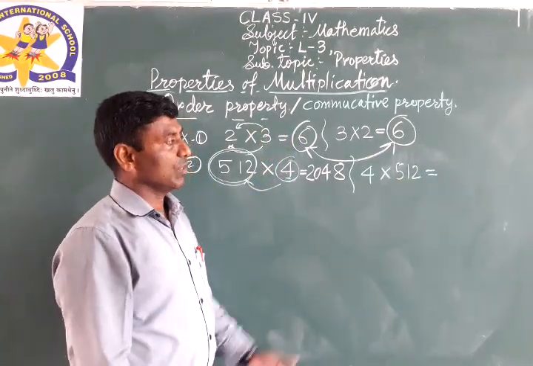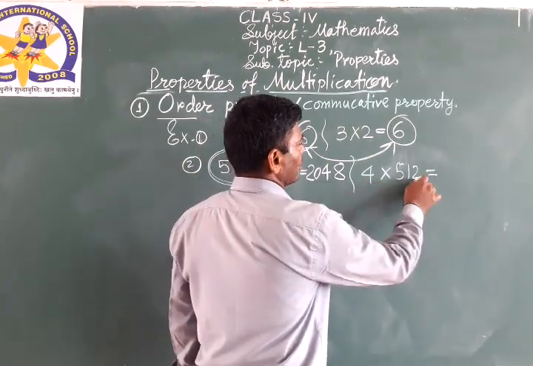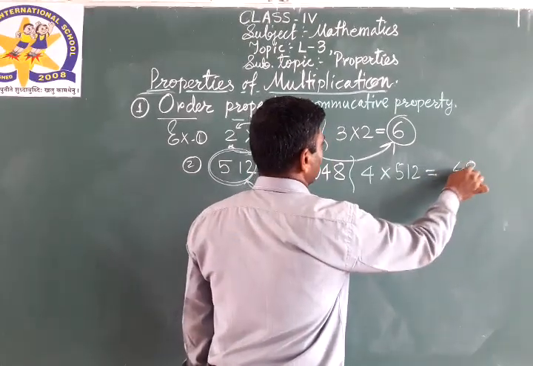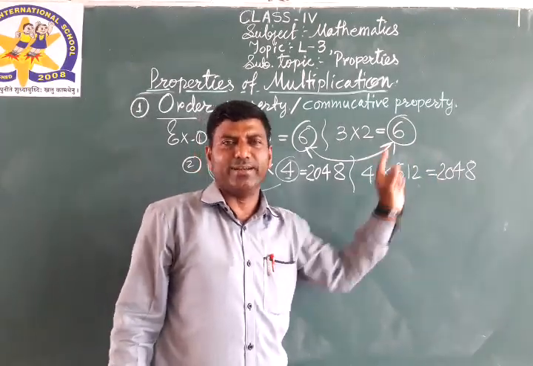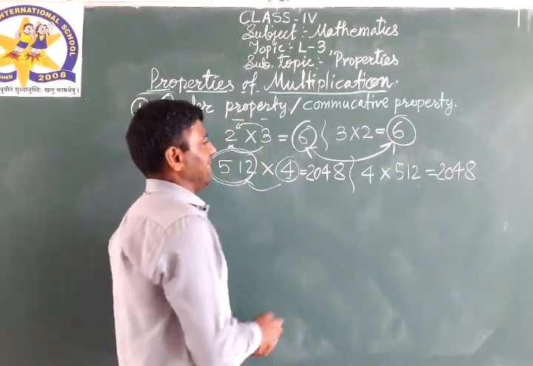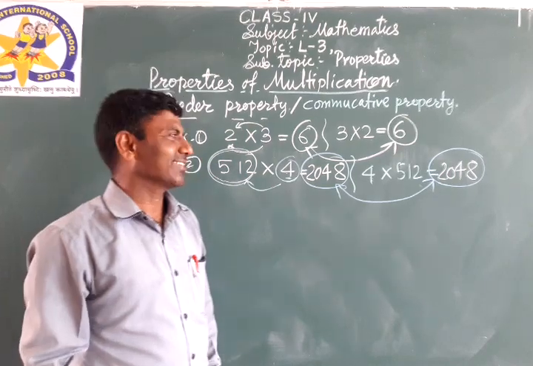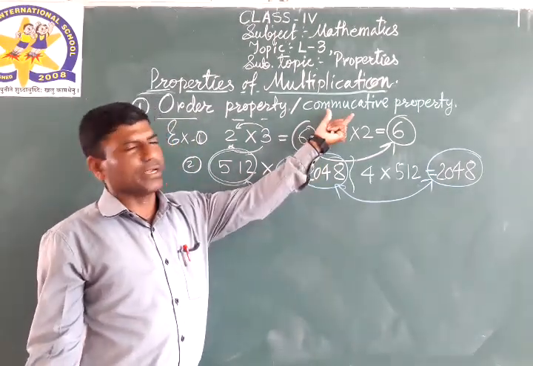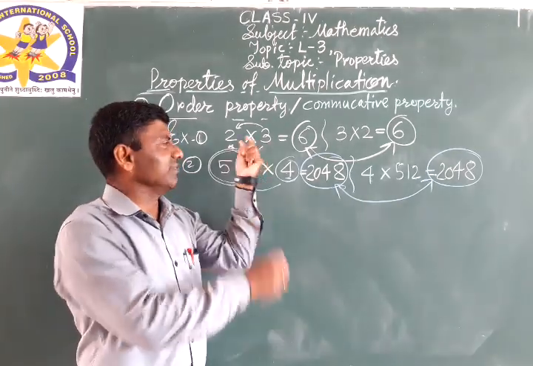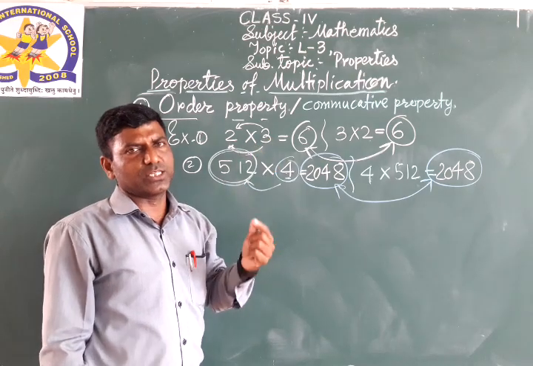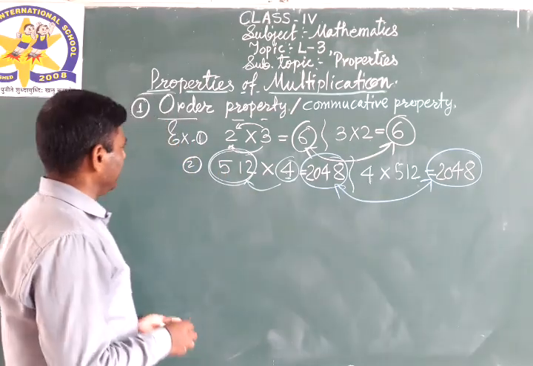Now multiply again. 4 2s are 8, 4 1s are 4, 4 5s are 20, or 512 4s are 2048. Is the product the same? Yes. This is called commutative property or order property. Understand? If we change the sequence or order of the numbers, the product remains the same.